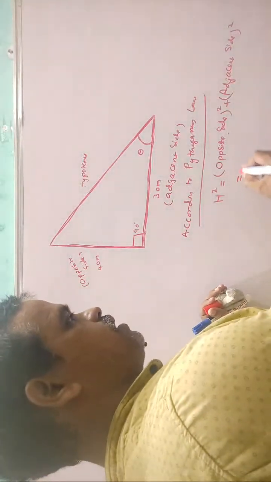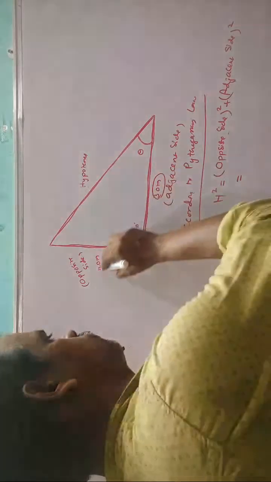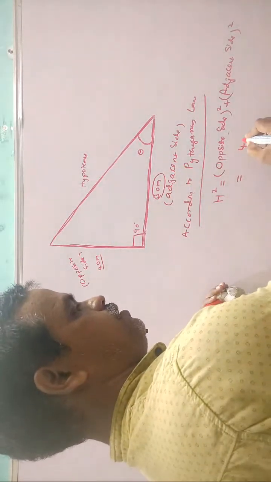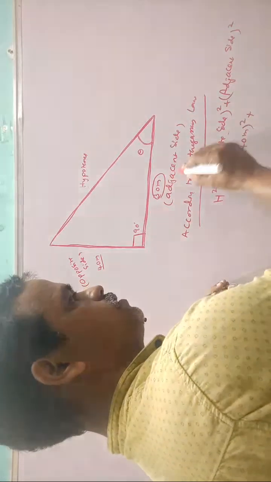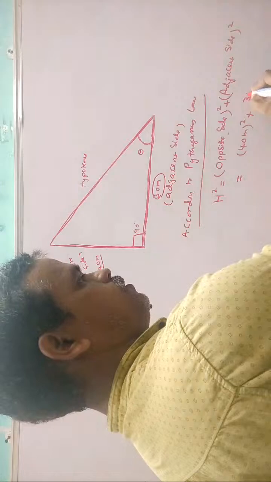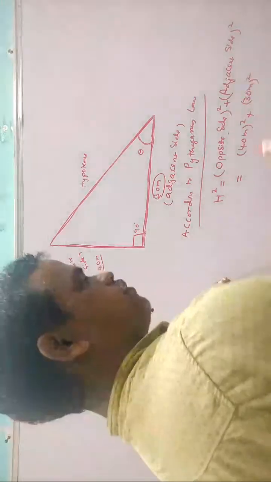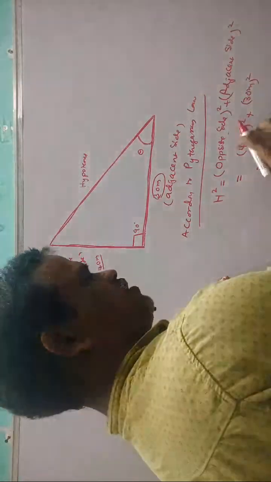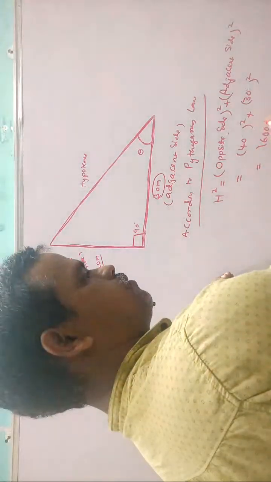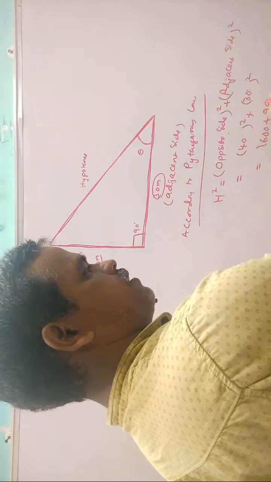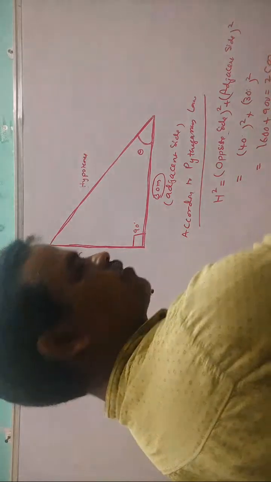So the opposite side is 40 meter square plus the adjacent side 30 meter square. So 40 into 40 is 1600 plus 30 into 30 is 900. You will get 2500.